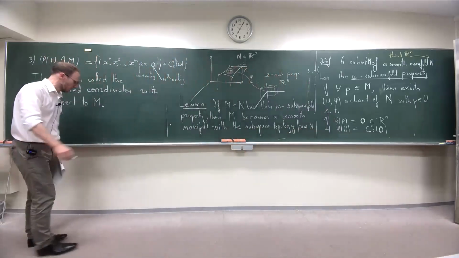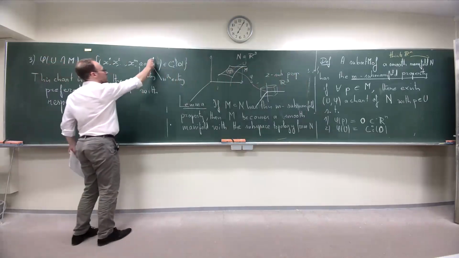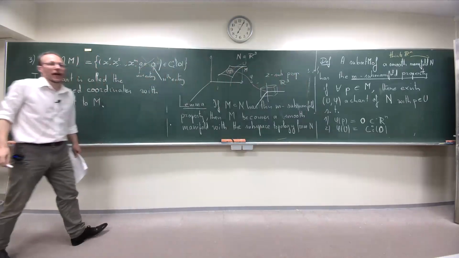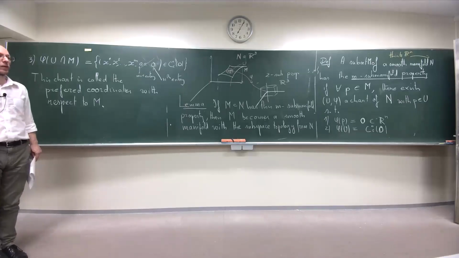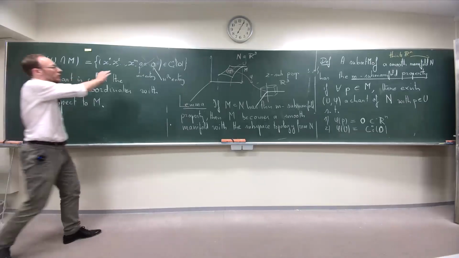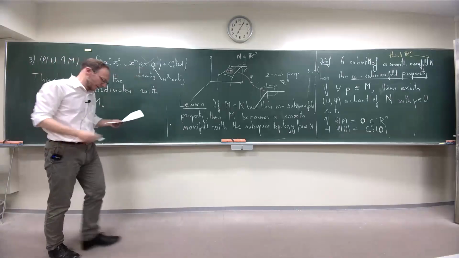You need to forget the 0 because you want to have an m-dimensional manifold. So it's not only that you take the subspace topology, but you also forget what is not necessary.